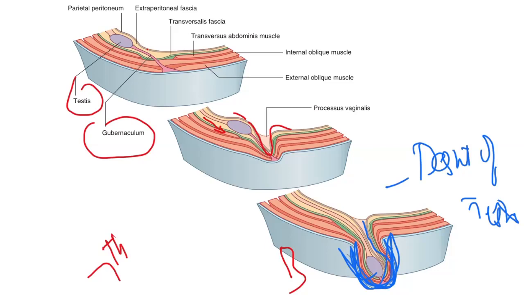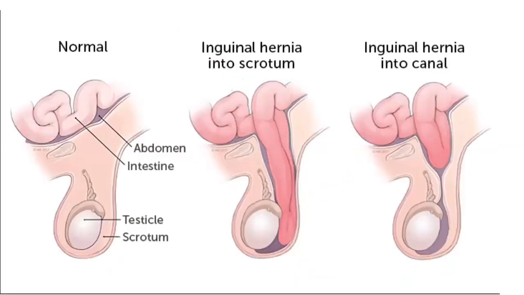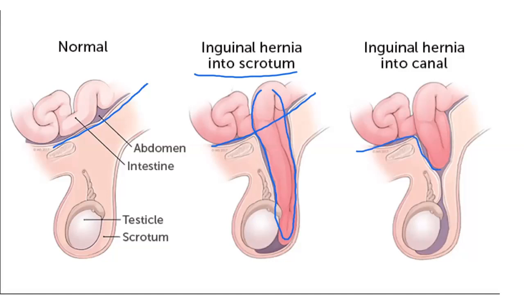That is called a hernia. Normally it is sealed off. In an inguinal scrotal hernia, the intestine is coming into the scrotum. That is an inguinal hernia. You need to know that.